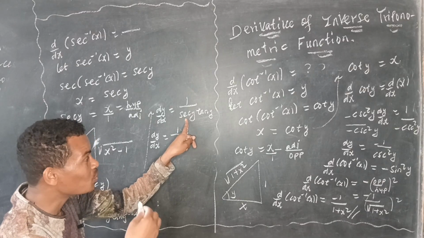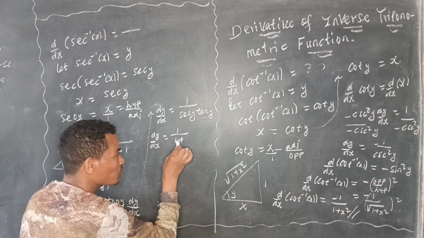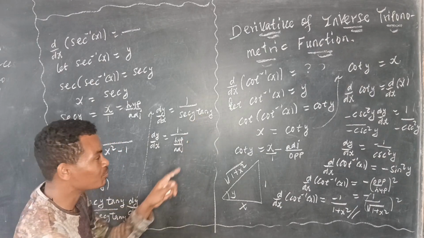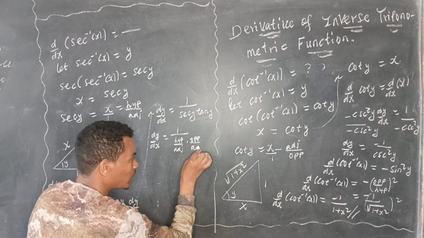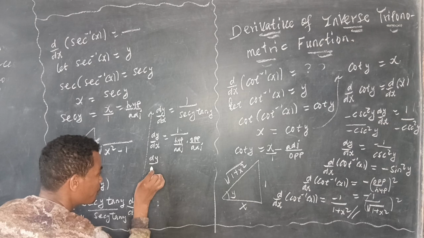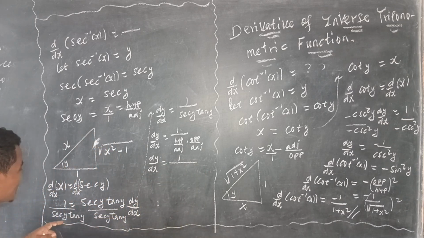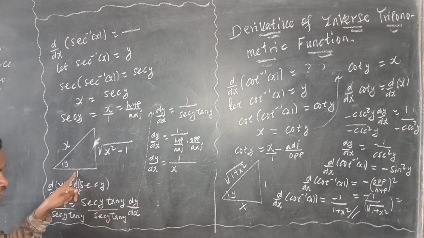Cos is adjacent over hypotenuse, so sec is hypotenuse over adjacent, times tan y, which is opposite over adjacent. So from this right angle triangle, dy by dx is 1 over hypotenuse, which is x, and the adjacent is 1.